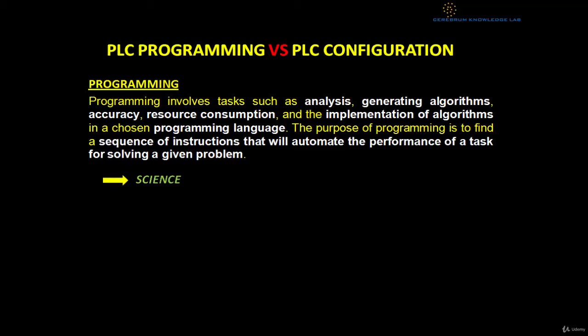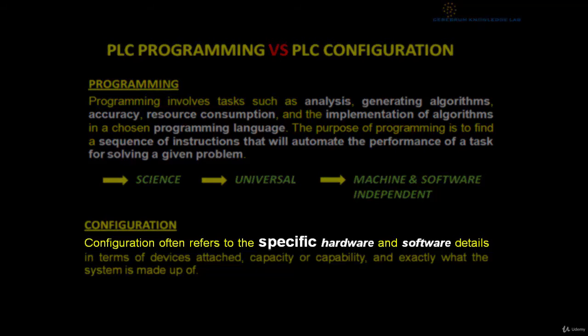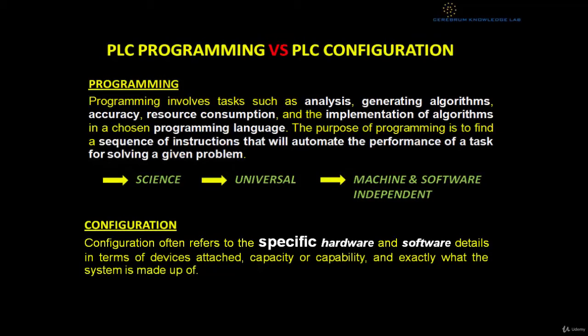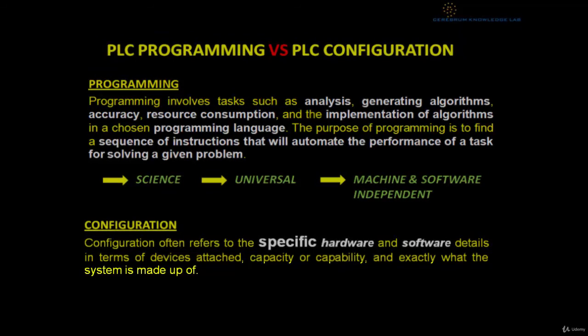Programming is a science. Programming is universal. Programming is machine and software independent. The definition of configuration states: configuration often refers to the specific hardware and software details in terms of devices attached, capacity or capability, and exactly what the system is made up of.